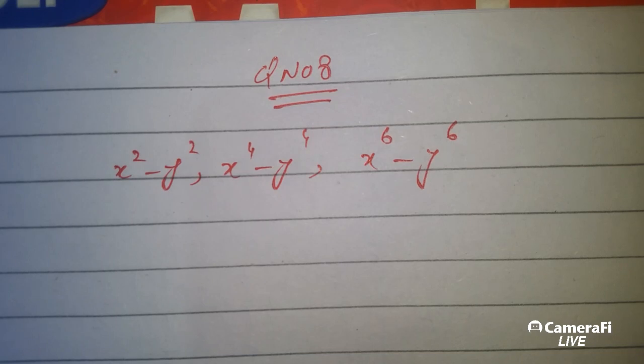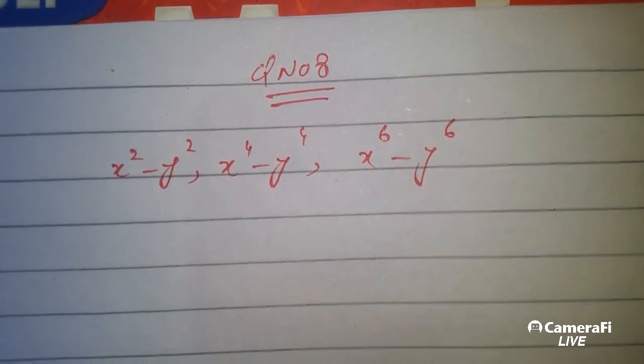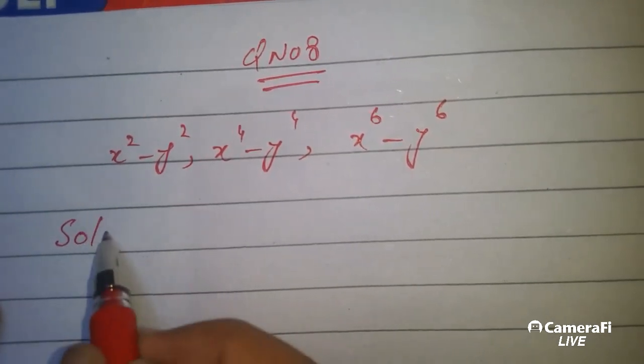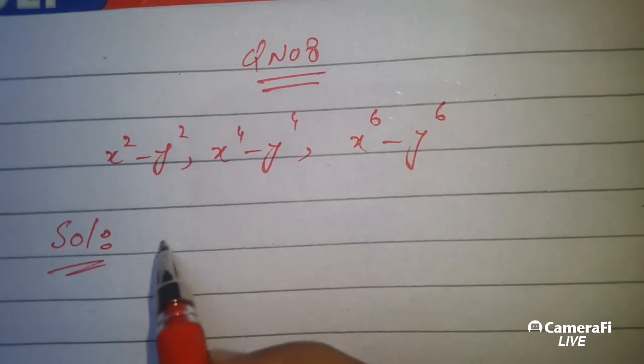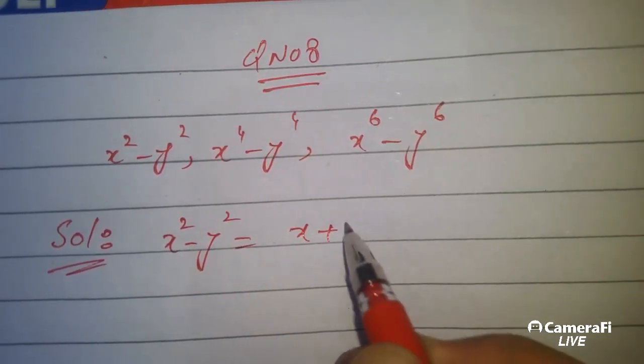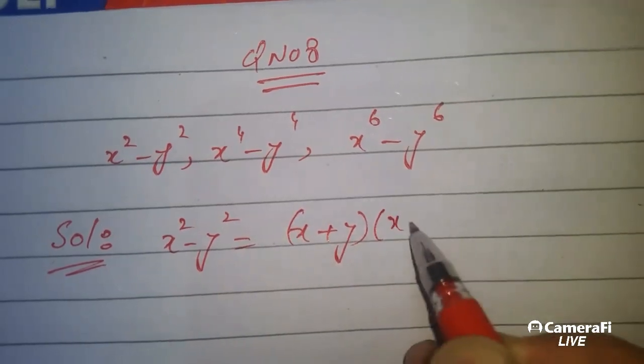By the way, this is the last of the questions that I want to solve for today's lecture. x square minus y square can be written as x plus y into x minus y.